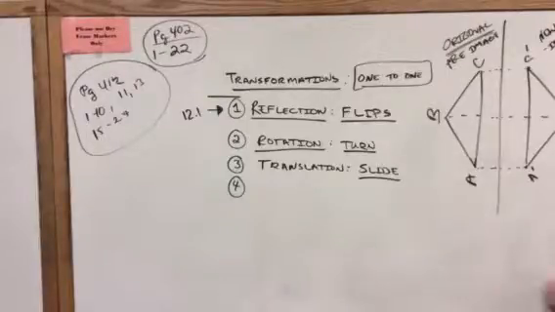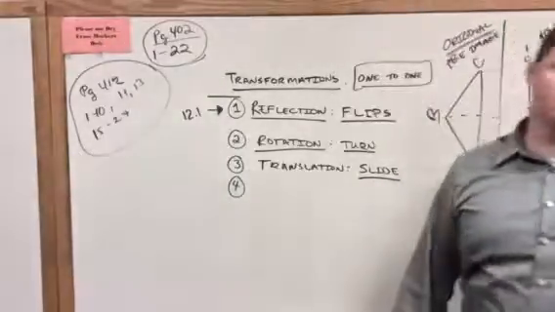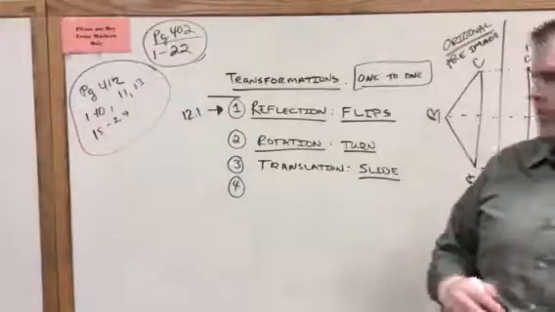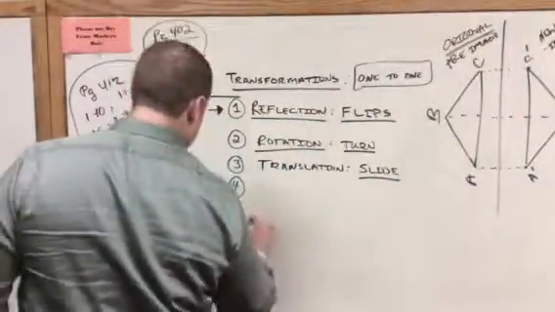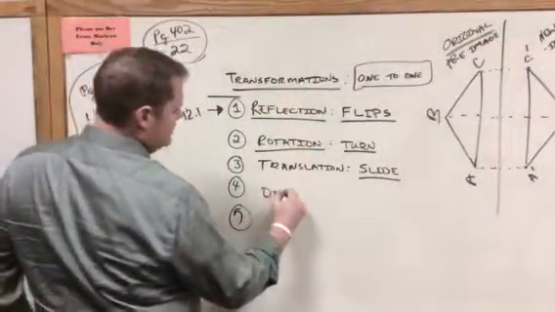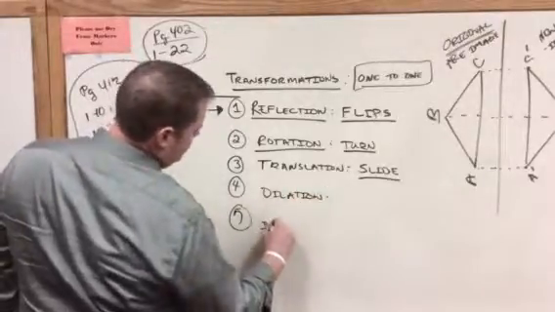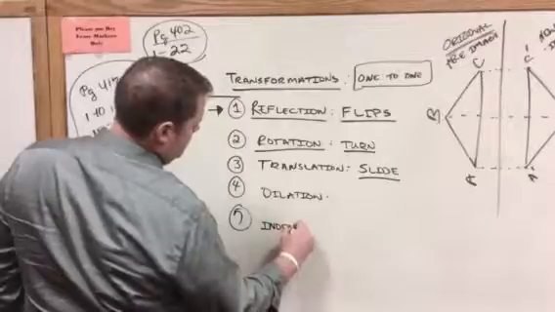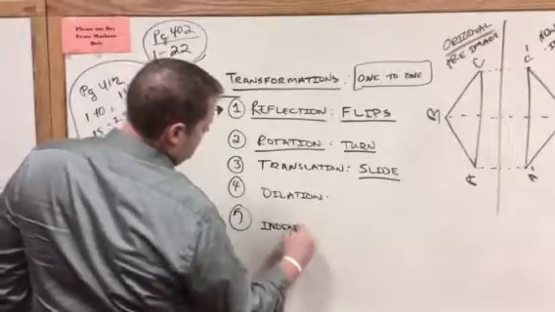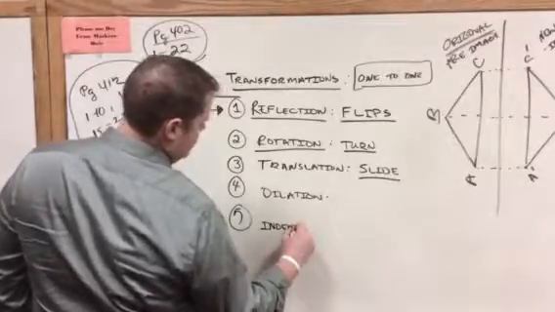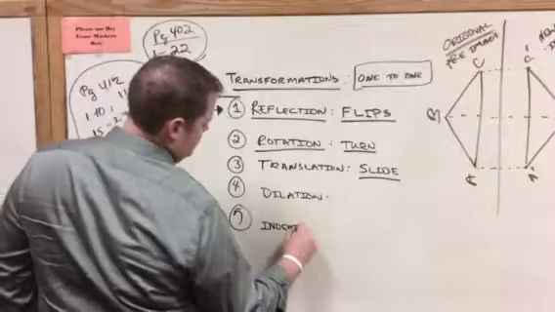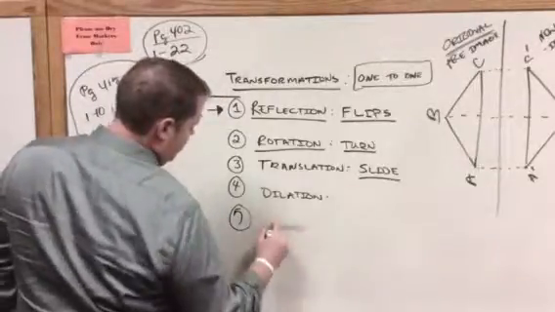Now, there are two more, and we will define them later, but one of them is a dilation, and then what is called an identity transformation. I should spell it right for you. Identity.